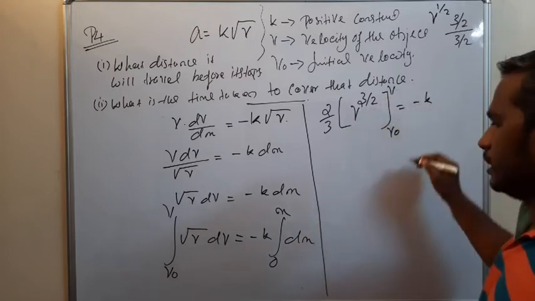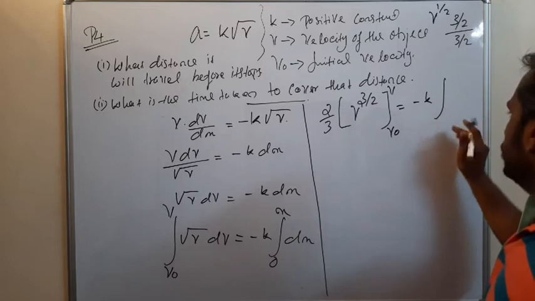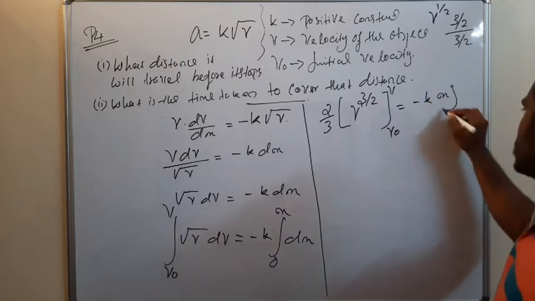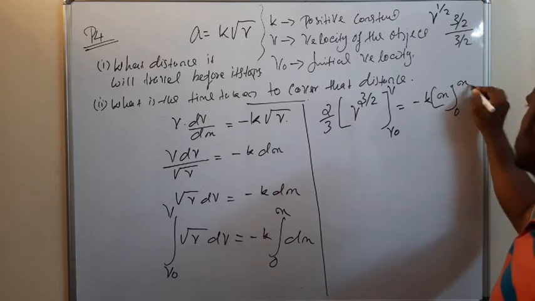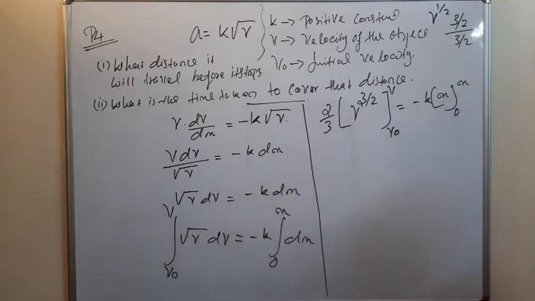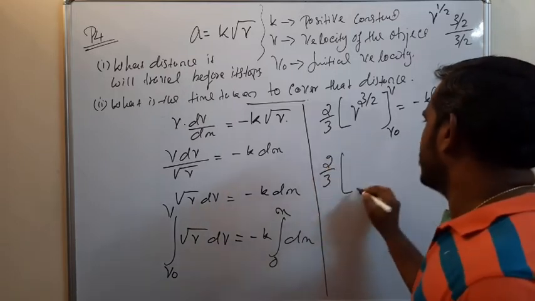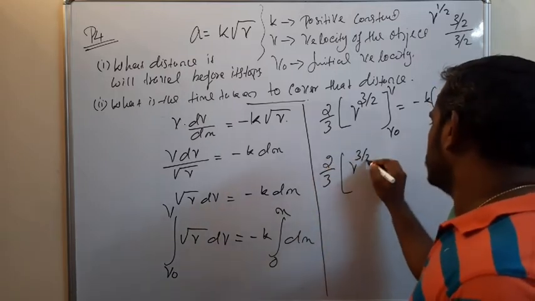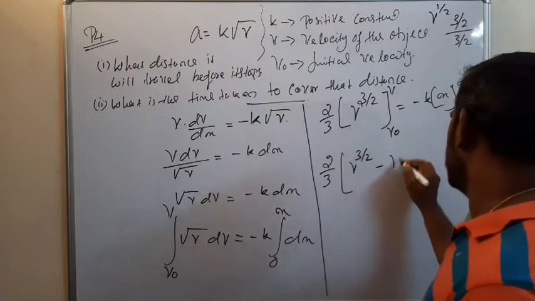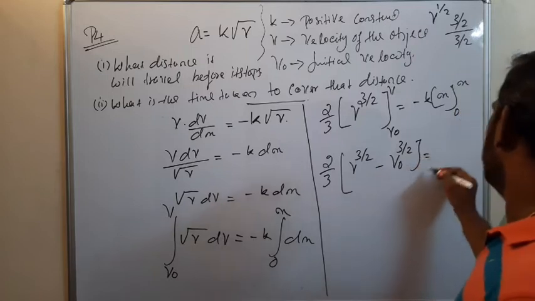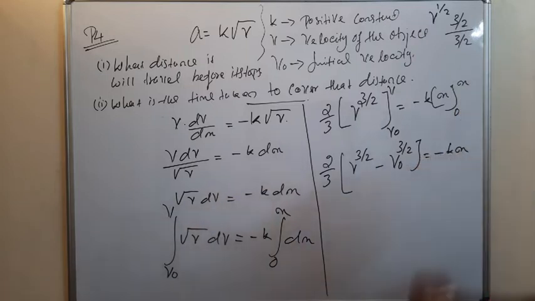So minus k into integration of dx, that is x. The limit is 0 to x. So 2 by 3 v power 3 by 2, upper limit minus lower limit, that is v0 power 3 by 2, equals minus k x.